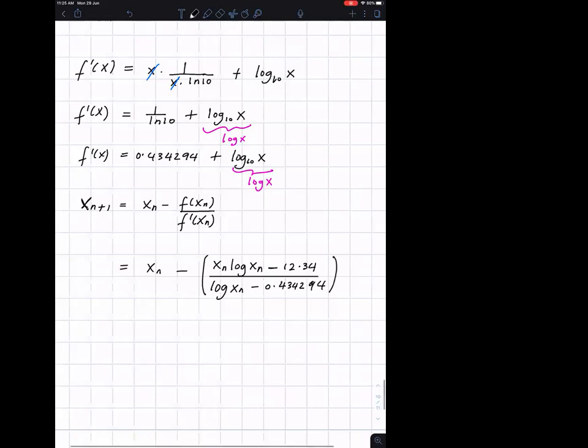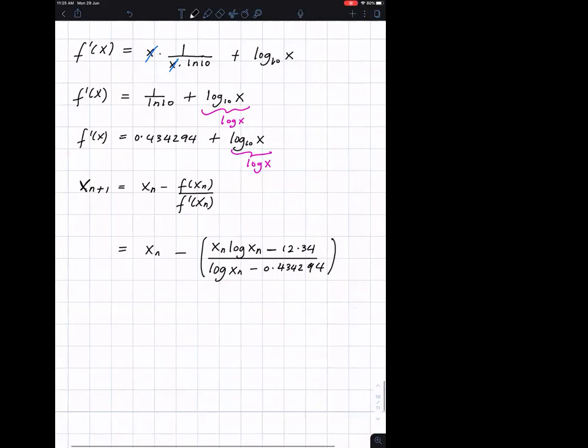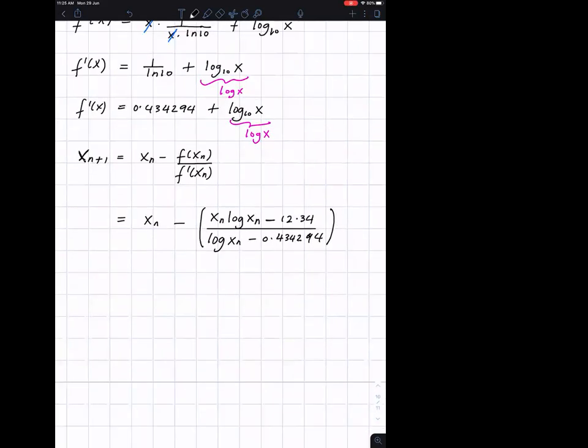So again, if you like, you can do the cross multiplication and simplify them. So later on, number crunching becomes easier.